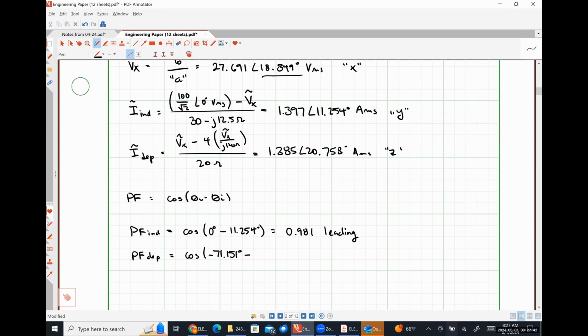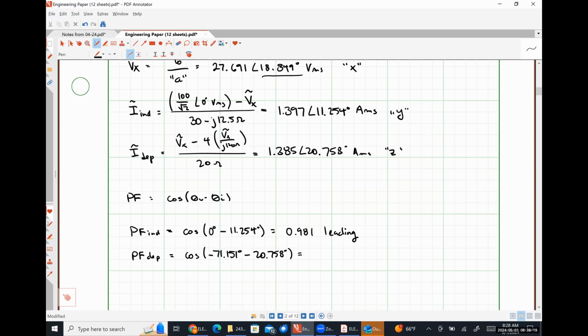minus the phase angle of our current, which in this case is I dependent. So that would be 20.758 degrees. So let's see, that's the cosine of polar angle of what I just stored as t minus polar angle of what I have stored as z.